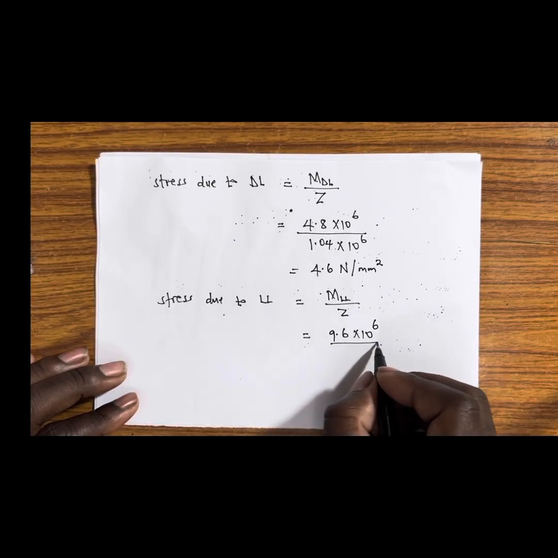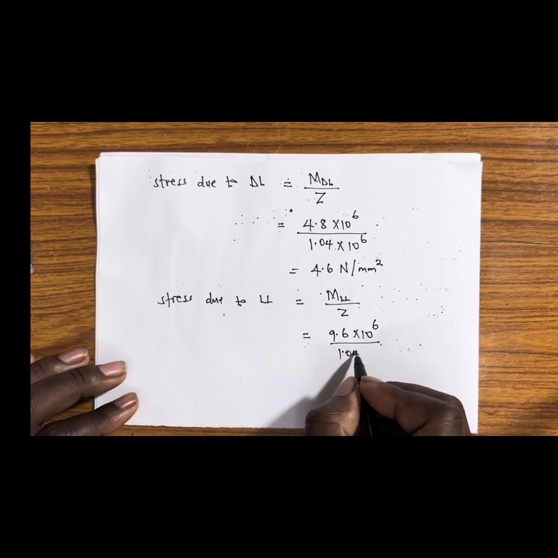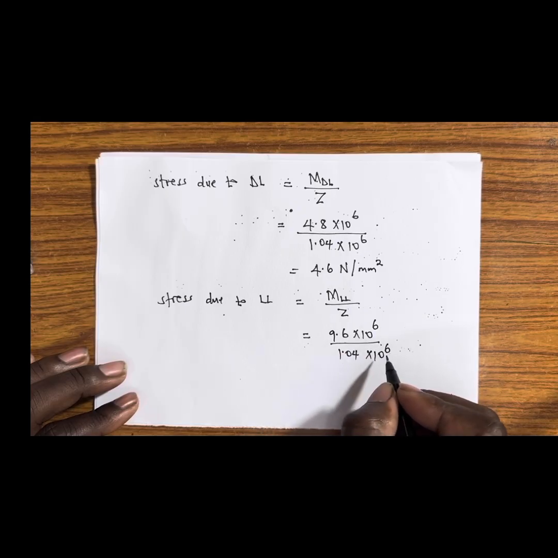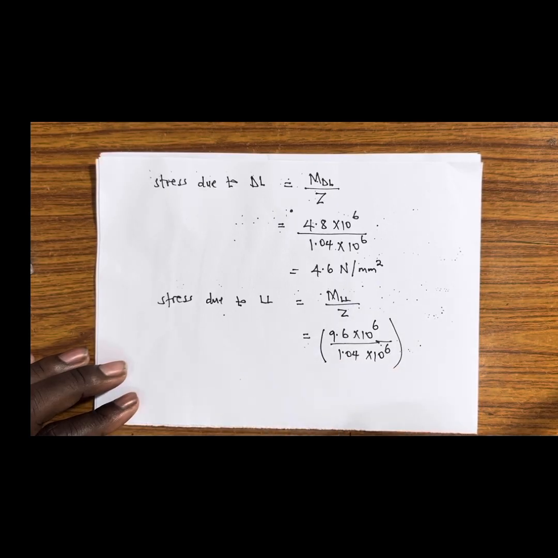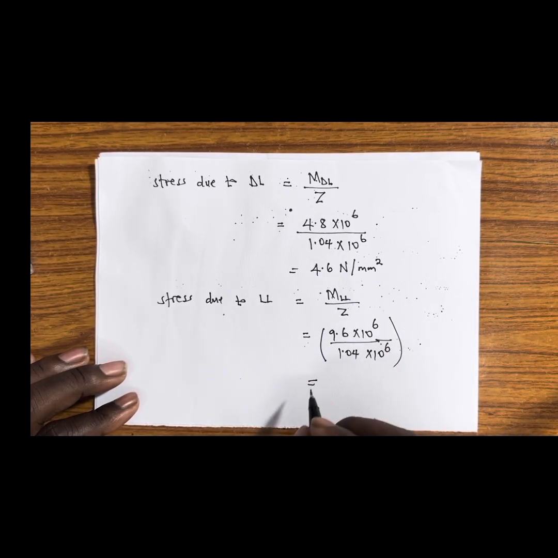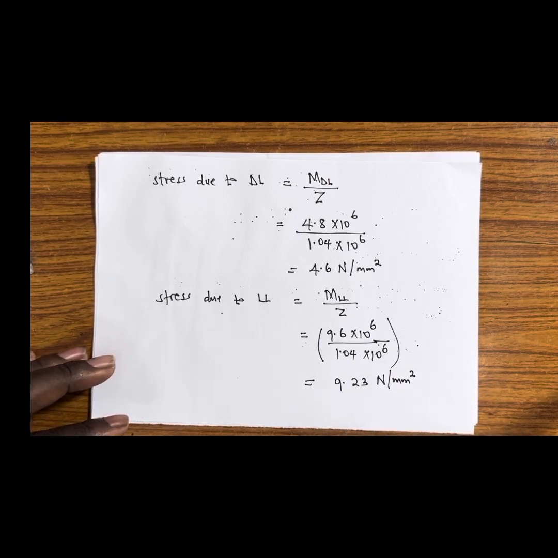We divide this by 1.04 times 10 raised to the power 6, and this answer is going to be in Newton per millimeter square, and it is coming to 9.23 Newton per millimeter square. These are all the 4 stresses that this particular beam is experiencing.